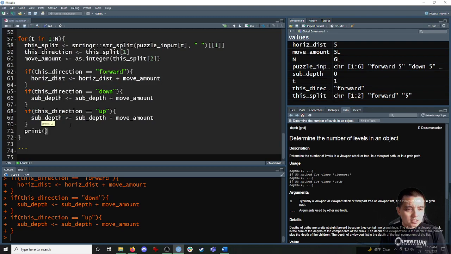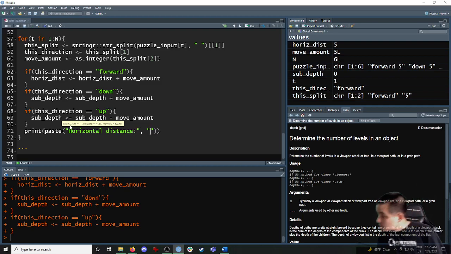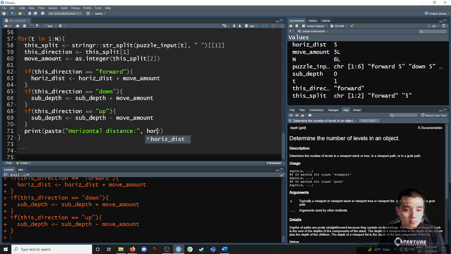For every step in the early going, let's go ahead and print the horizontal distance. And the submarine depth.